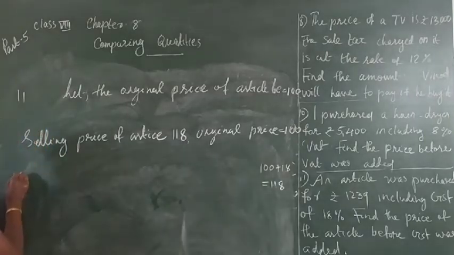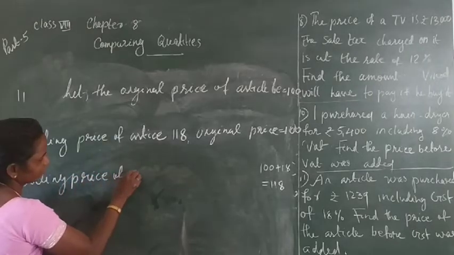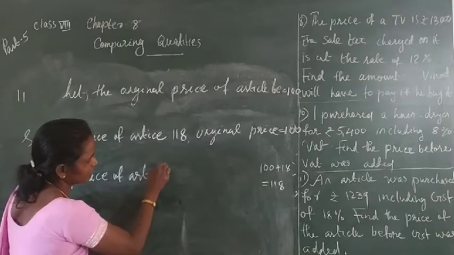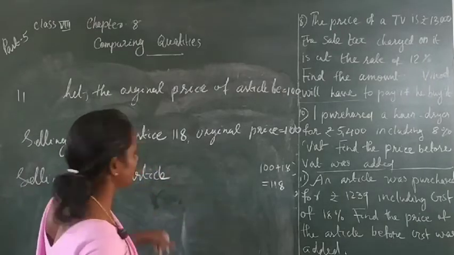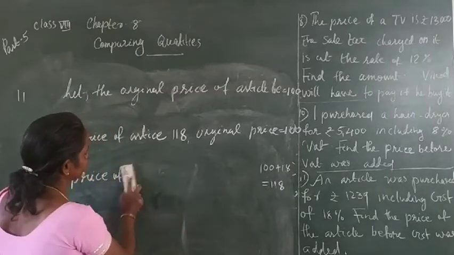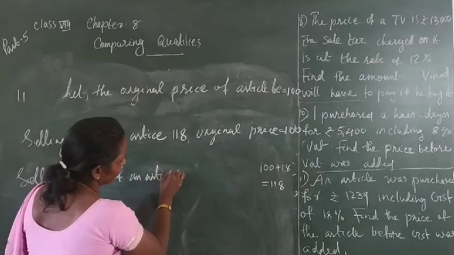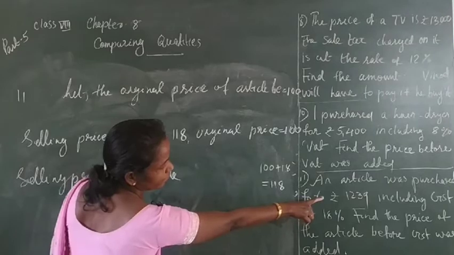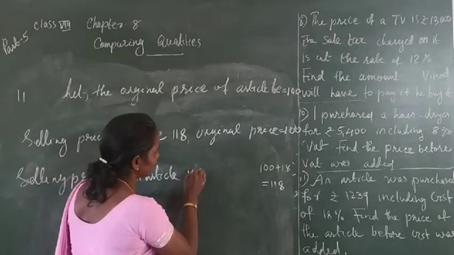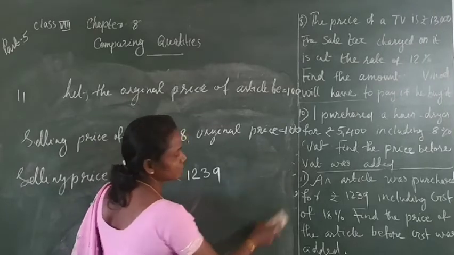Here selling price of an article is 1,239. Then what is the original price?